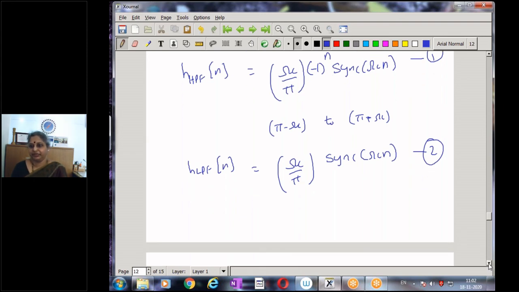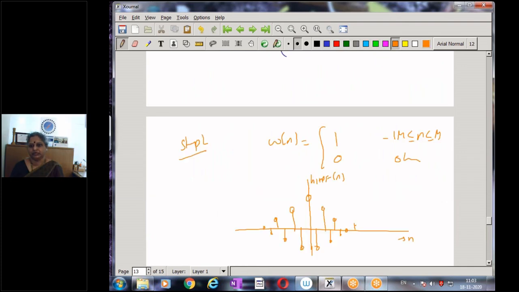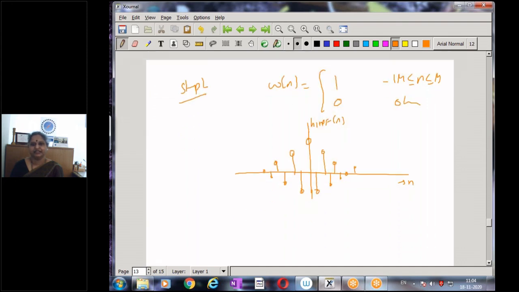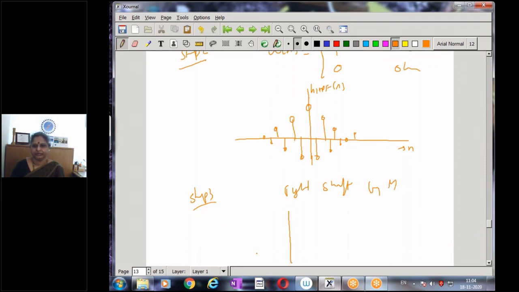And the second step in my FIR filter design is multiplying by the rectangular function. So this is my filter after multiplying it by the rectangular function. And as the final design, I need to give the right shift. My step 3 will be to give a right shift by n.